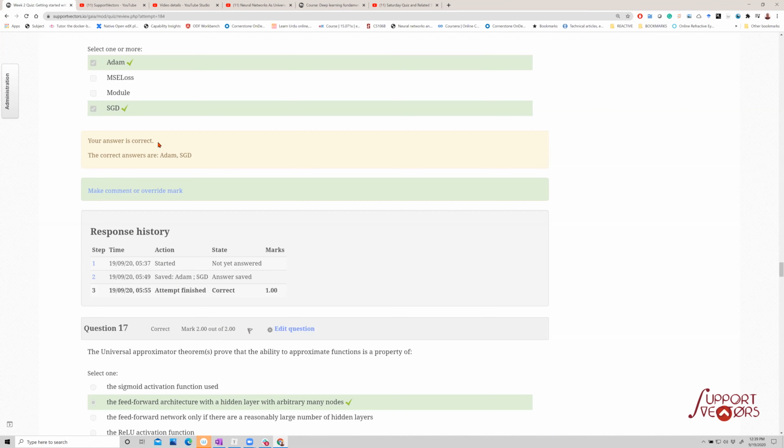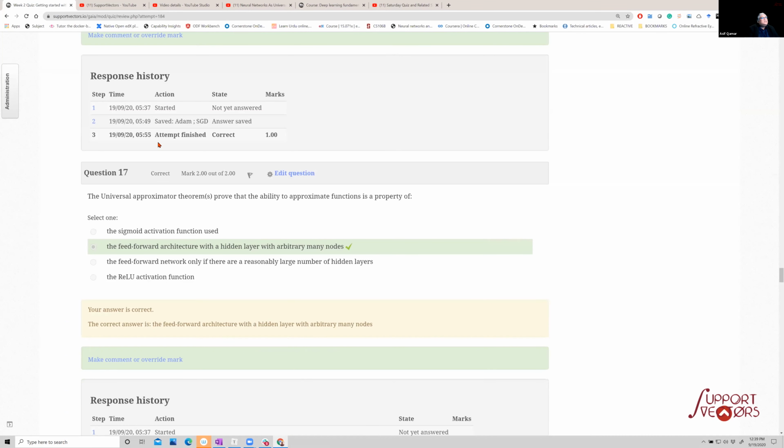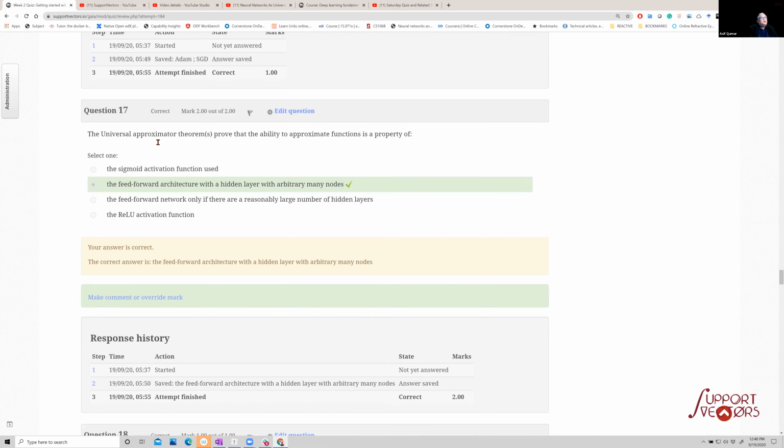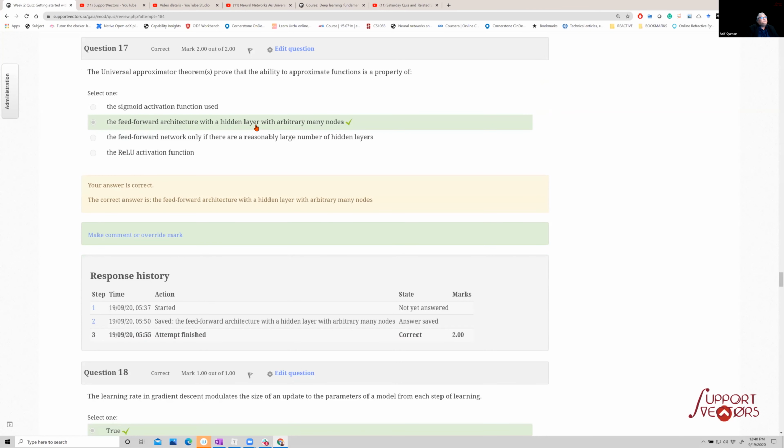The universal approximation theorems prove that the ability to approximate functions is a property of, yes, this is important. This was actually a bit tricky, because if you go back and look at the original papers that I posted, the first theorem showed that it is a property of a feed-forward network with a hidden layer using a sigmoid activation function.